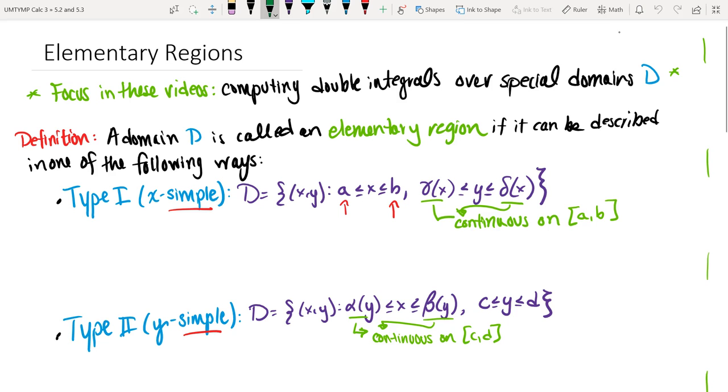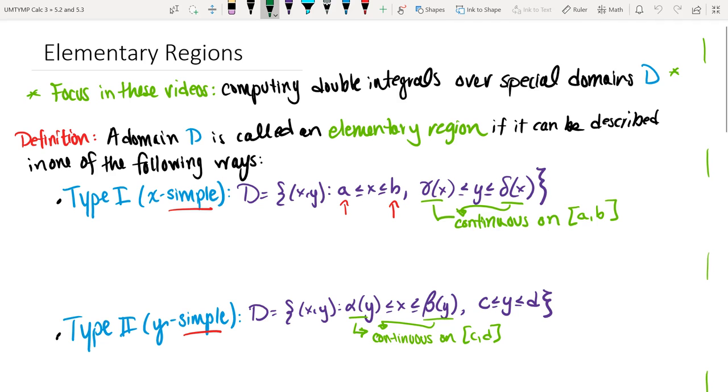The first elementary region is called type 1, and this is an x-simple region, and so you can look at the definition and say, okay, well, x is bounded between two constants while y is bounded between two continuous functions of x on our interval.